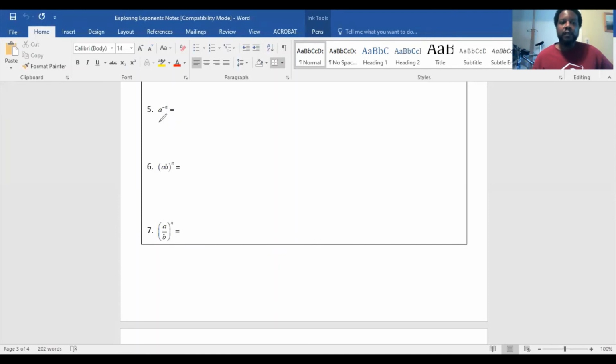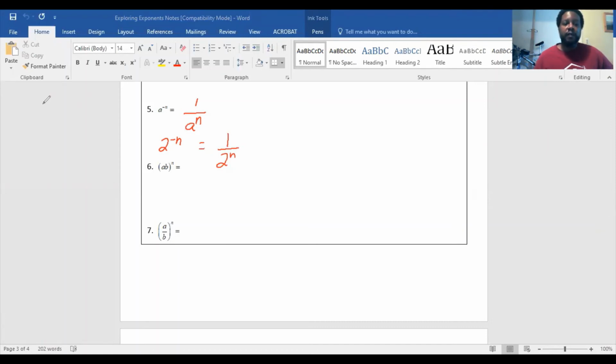Okay, so this is our negative exponent rule. If I have any number raised to a negative exponent, I can just rewrite it as 1 over that number raised to a positive exponent. So replacing this example here with a number but keeping the n, 2 to the negative n is the same as 1 over 2 to the n.